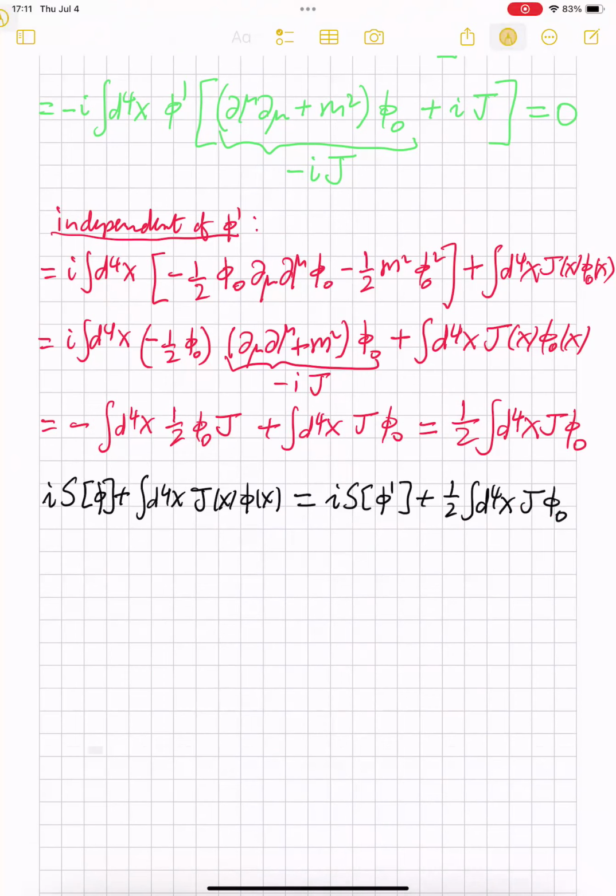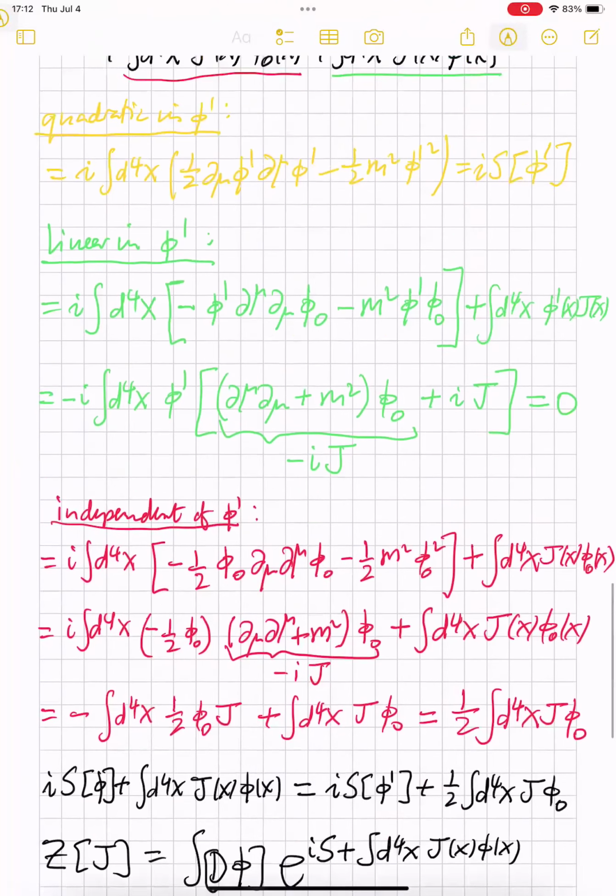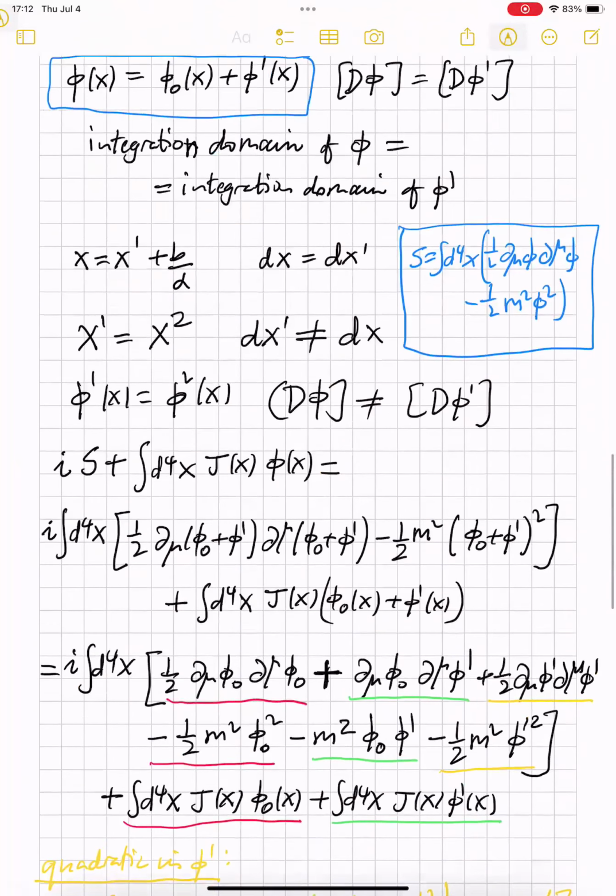So we're now ready to see what z of j evaluates to. So remember, z of j is equal to an integral d phi e to the iS plus integral d4x j of x phi of x. And now we do a change of variables in the path integral from phi to phi prime. And remember, it's the same change of variables.